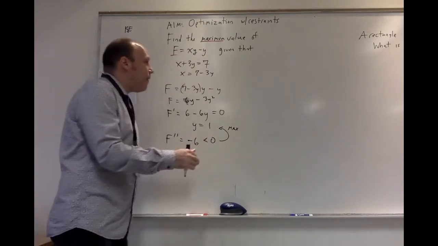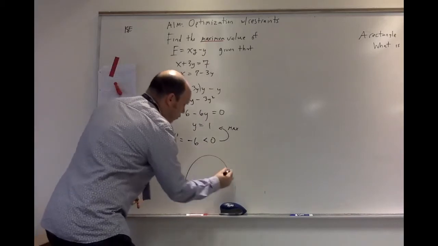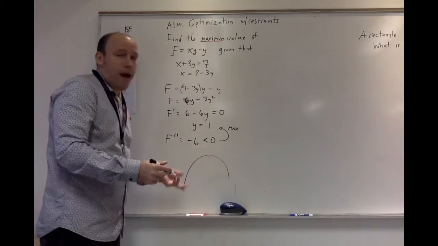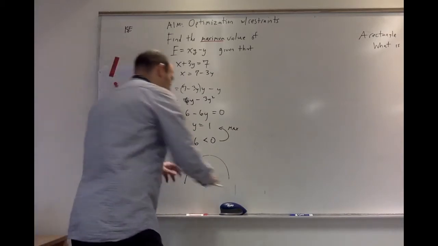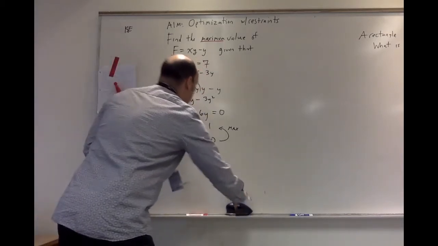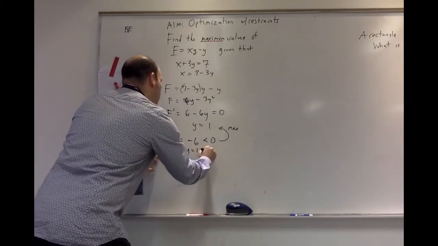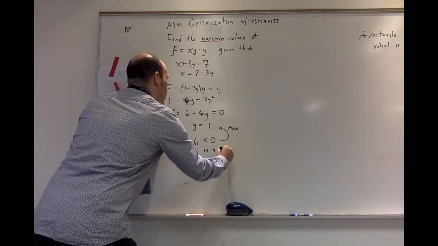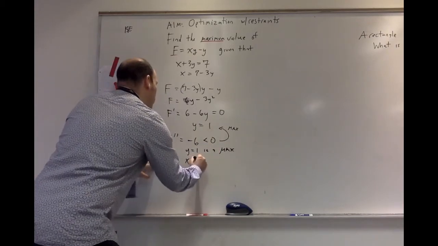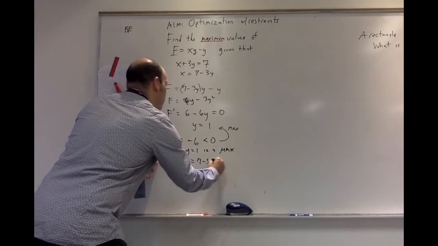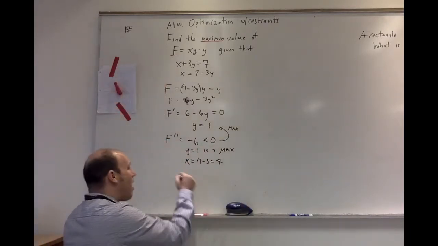This is a parabola. It's a frown. We know it looks like this. So this is clearly a maximum. y equals 1, so y at 1 is a max. That means x equals 7 minus 3, so x is 4, and therefore we can solve for f.